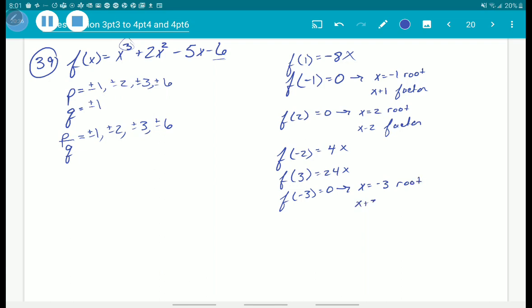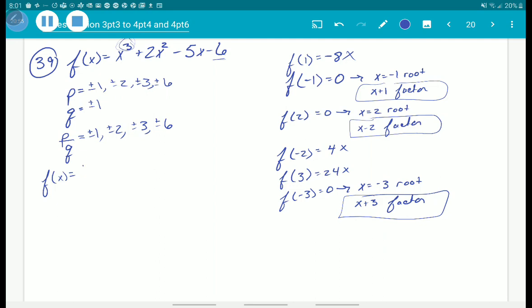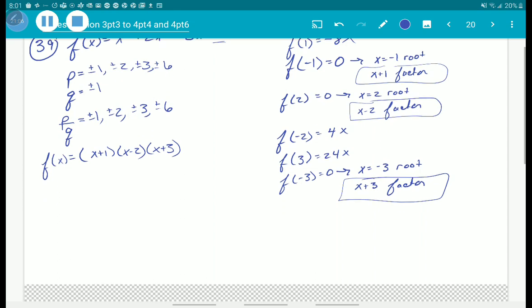So x plus 3 is a factor. So remember, we could have 3 factors, and we found 3, so there's no reason for us to check the 6 and the negative 6. So this guy is going to factor into these 3 things multiplied together. So there's our final answer for that one.